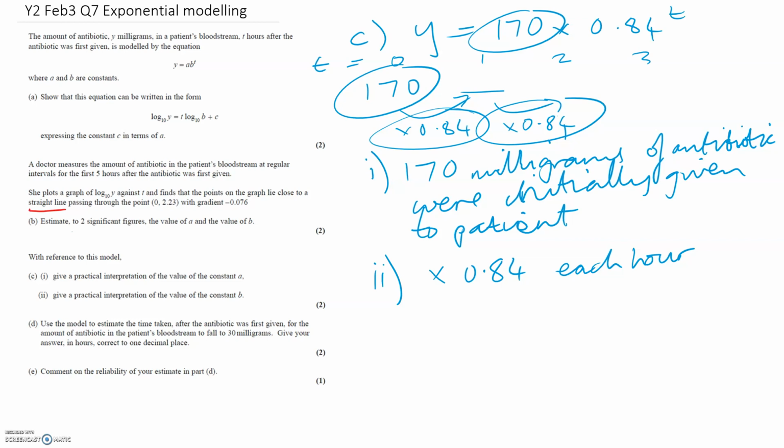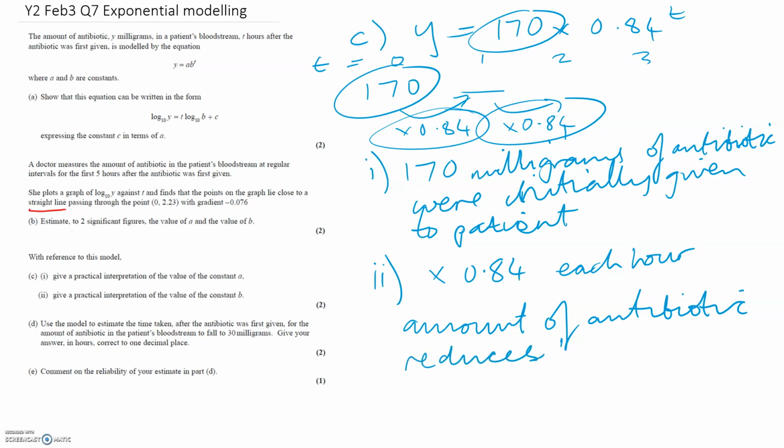So I think that's the best way of saying it. We can say that the amount of antibiotic reduces by approximately 16% per hour, because it wasn't exactly 0.84.